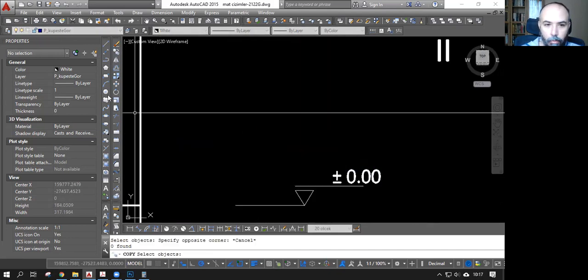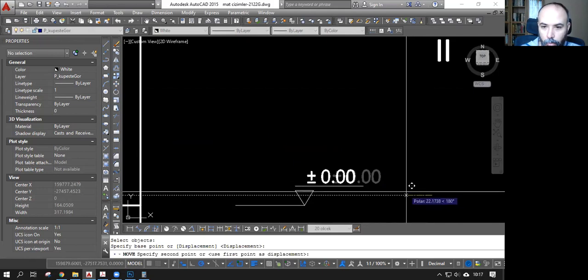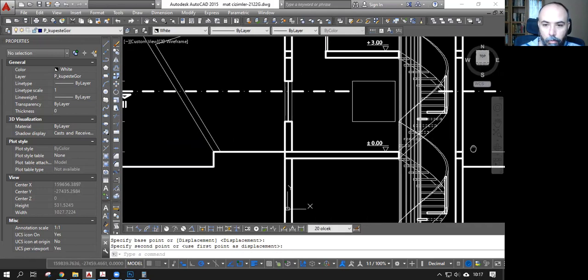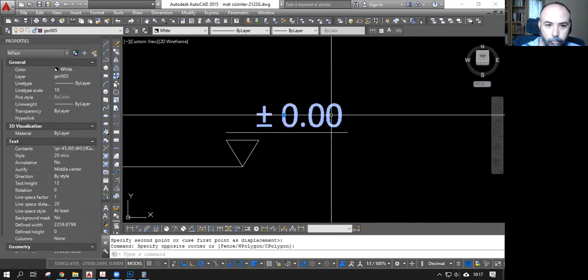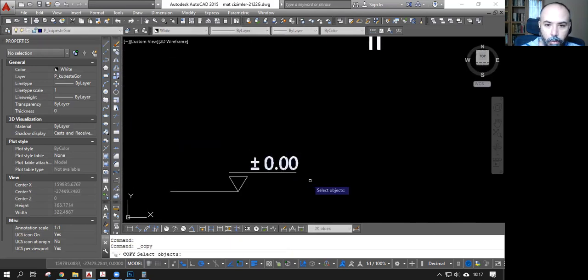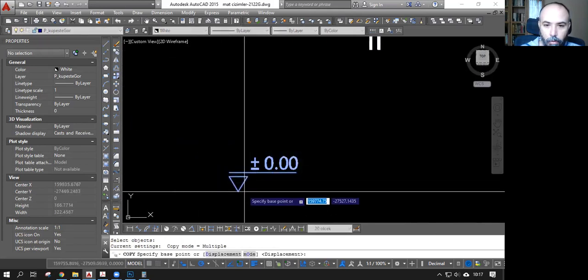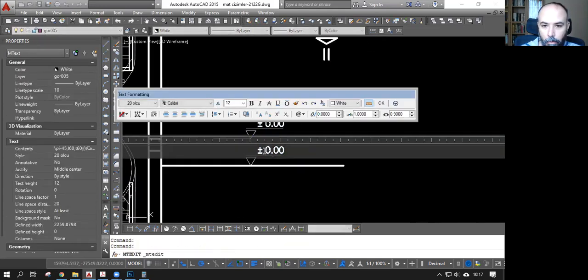Now I will need to do the ground floor, the ground level, that's the ground level. Now I'm going to give the ground level, that's -45.